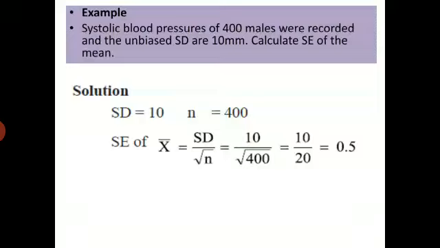Here the standard deviation is given as 10, and n is equal to 400 because we have taken a sample size of 400 males. So standard error of x bar is equal to SD divided by square root of n, which is 10 divided by square root of 400, that is 10 divided by 20, which is 0.5. So the standard error will be 0.5.